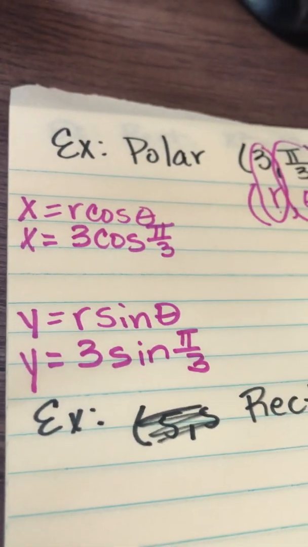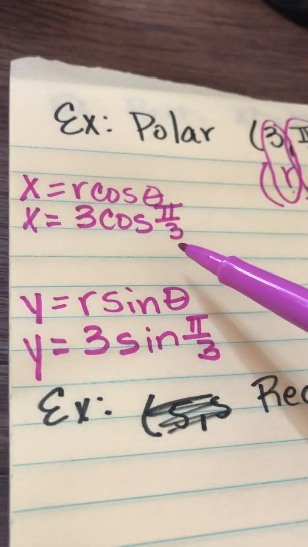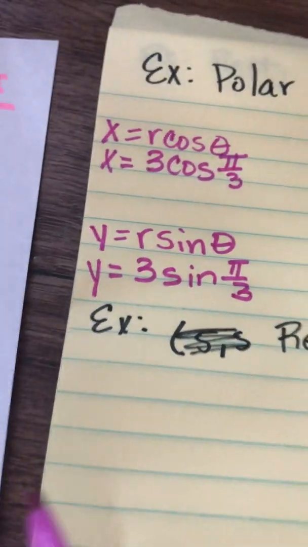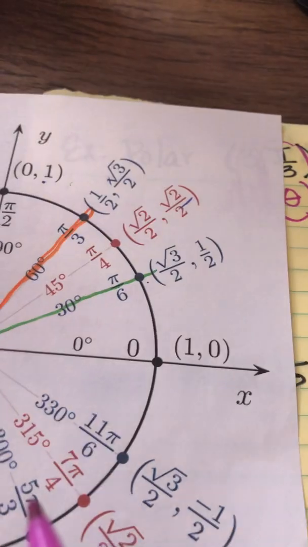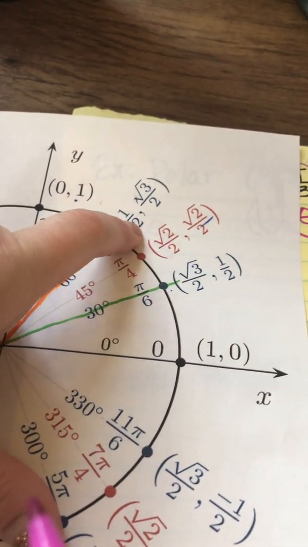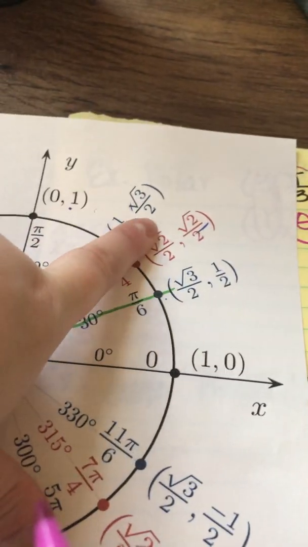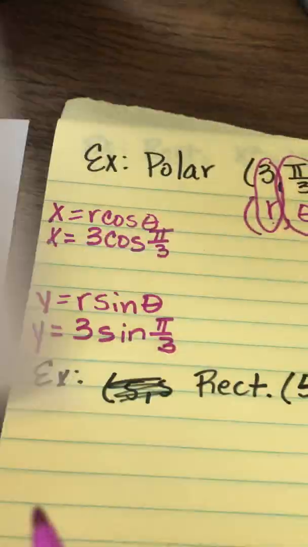And then now we look on our unit circle. Cosine is the x value of pi over 3. So here's pi over 3. The x value is 1/2, and the y value is square root of 3 over 2.